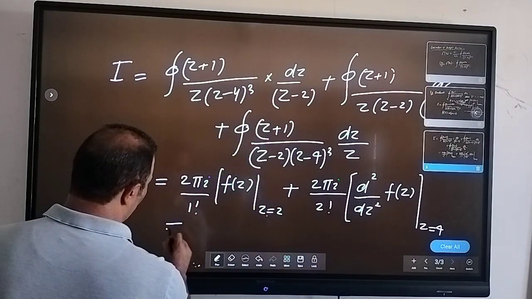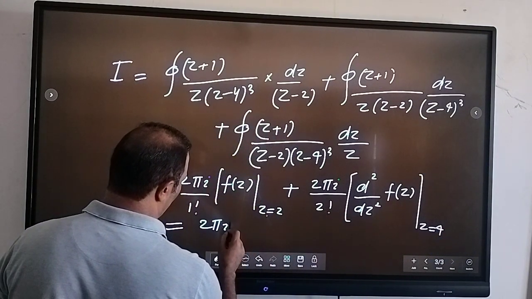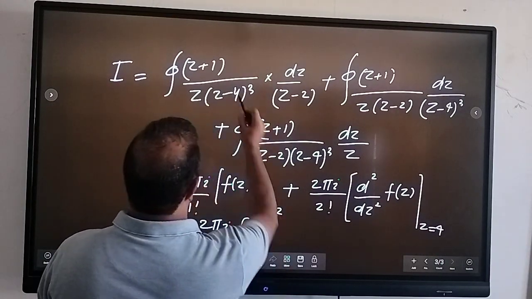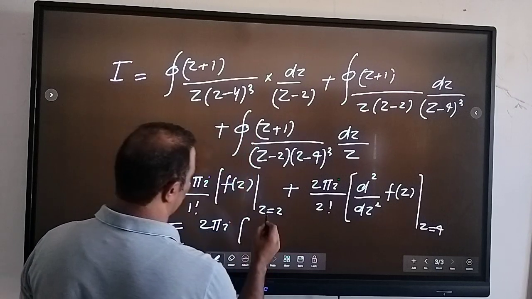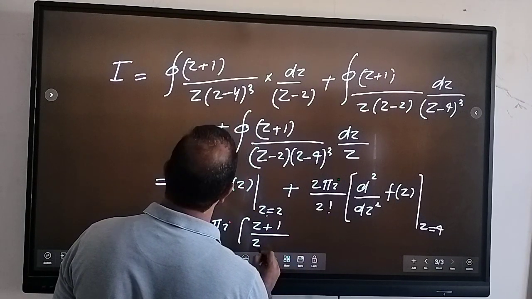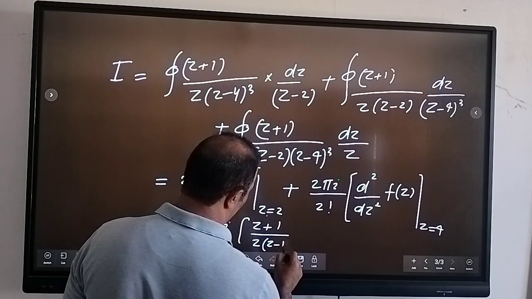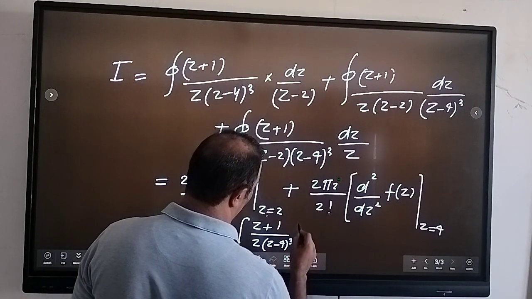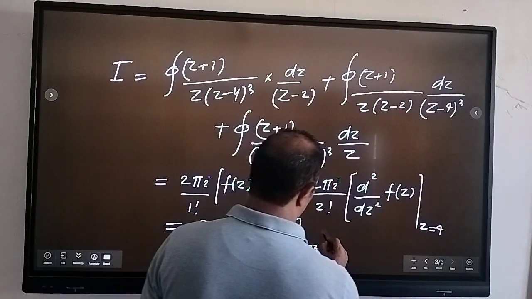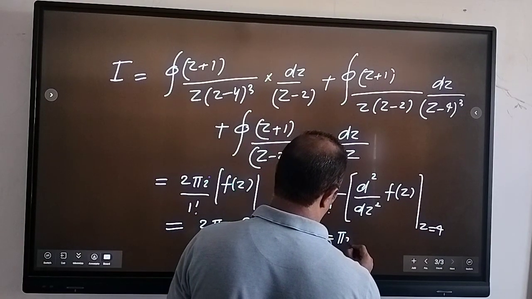So this will be equal to 2 pi i, and what's the f of z here? So f of z will be equal to z plus 1 divided by z into z minus 4 cube at z equal to 2, right? And similarly this will be pi i.